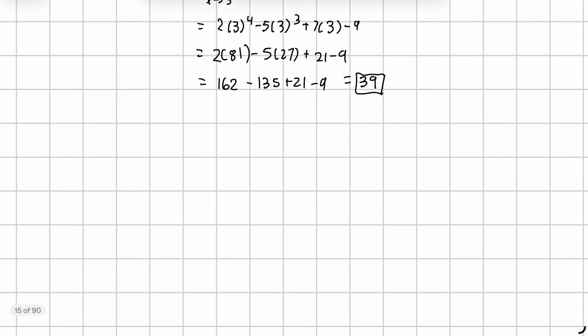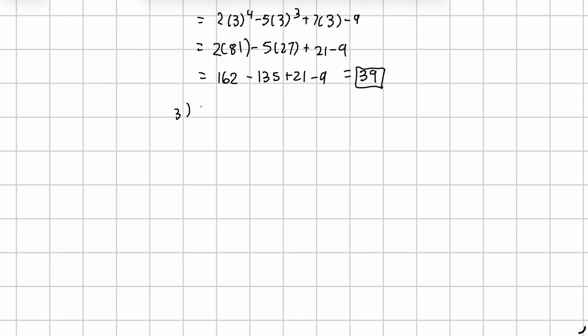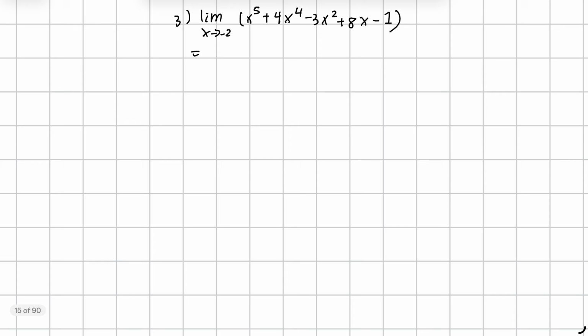For our next example, let's do the limit of x approaches negative 2 of x to the power 5 plus 4x to the power 4 minus 3x squared plus 8x minus 1. For every instance where we see x, we're going to substitute that in with negative 2. So we have negative 2 to the power 5 plus 4 times negative 2 to the power 4 minus 3 times negative 2 squared plus 8 times negative 2 minus 1.